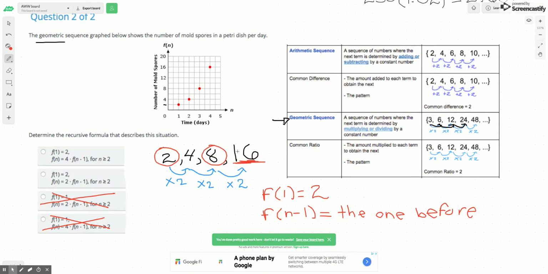So what did I do to the number that came before 16? What you did was multiply by 2. That's the pattern. So for recursive geometric sequences, you're always doing something to the number before, and you're always multiplying something. The number that you multiply is 2. So we have 2 times the value that comes before. That's how we get that one. And the answer that matches that is the second one.